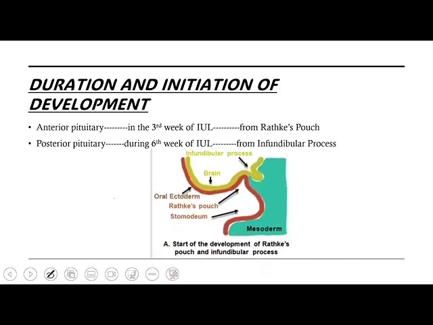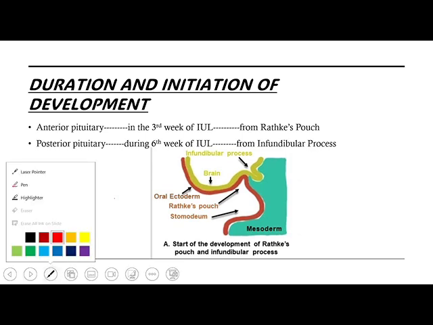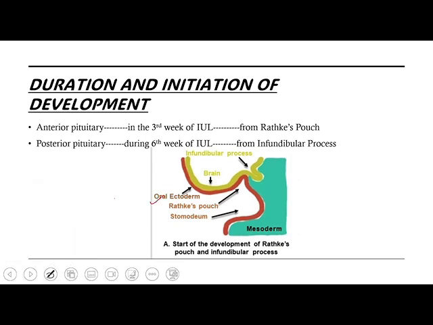And we can see here from the figure that this is the oral ectoderm. Here you can see this is the oral ectoderm that has been symbolized by the red line, and next is the neuroectoderm symbolized by the yellow line, and here is the downward growth of the neuroectoderm, which gives rise to the infundibular process, and this is the initiation of the development of the posterior pituitary gland.